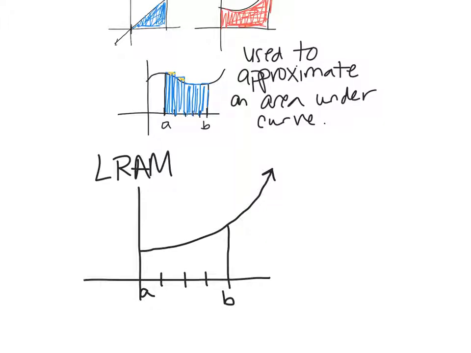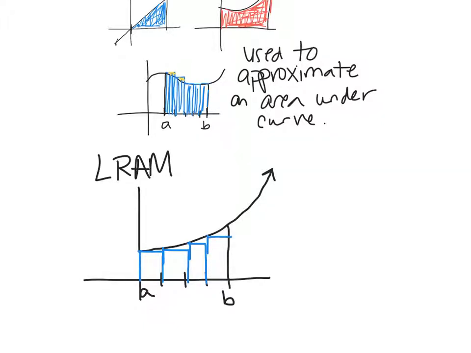LRAM is to start on the left side. So I start where A is, and I draw my rectangles that way, left side all the way up to the curve on the left side of the rectangle and over.